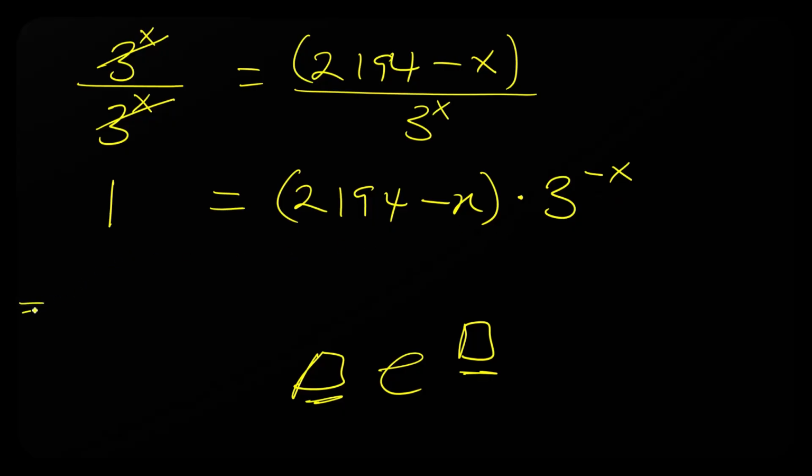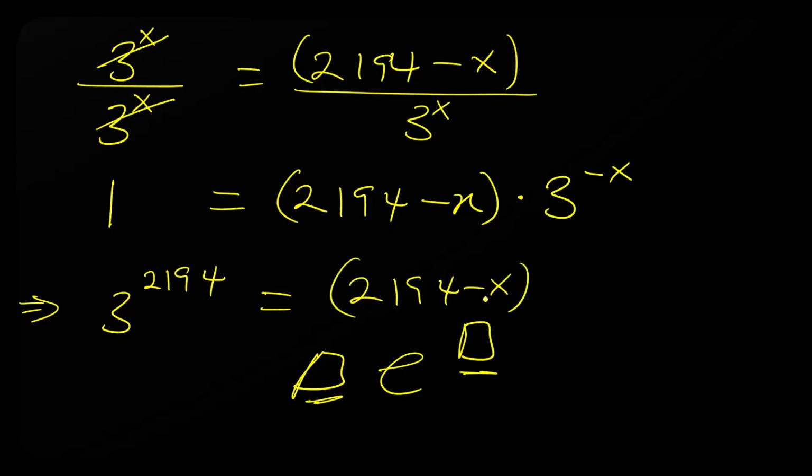So let's go ahead as I multiply both sides by 3 to the power 2194. 2194 times 1 is 3 to the power 2194. Then we have 2194 minus x, times 3 to the power minus x, times 3 to the power 2194. Perfect.